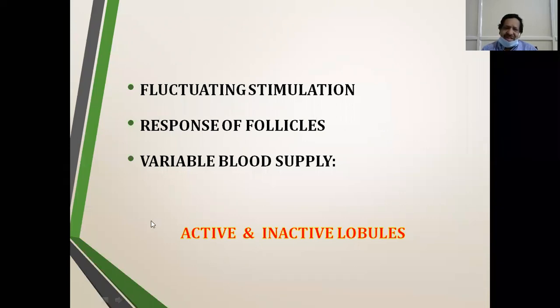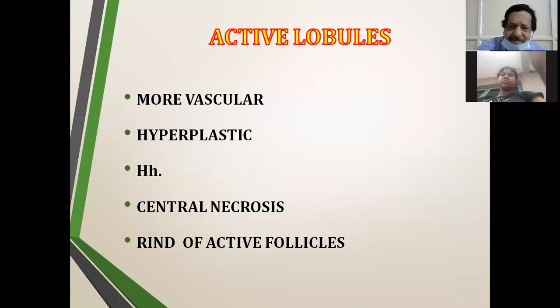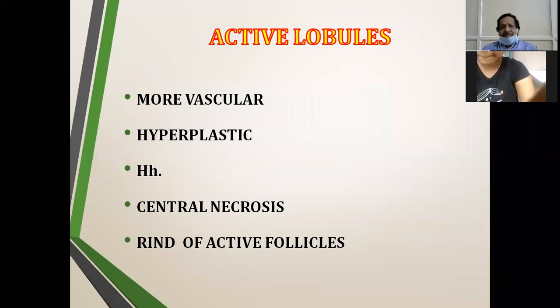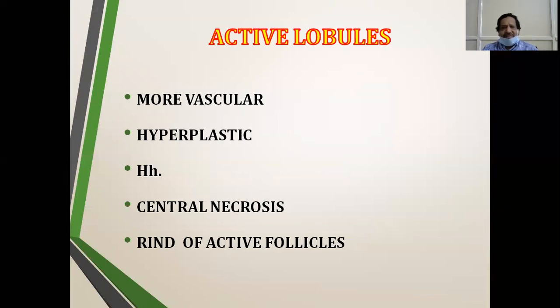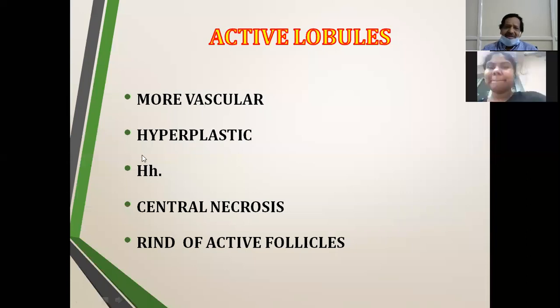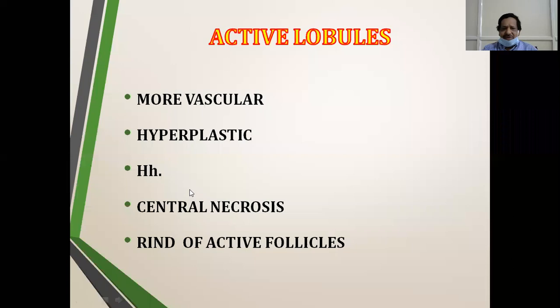So this results in active and inactive lobules. Active lobules become more vascular, they become hyperplastic, hemorrhage occurs, central necrosis, and only a rim of active follicles you will see in the lobule.